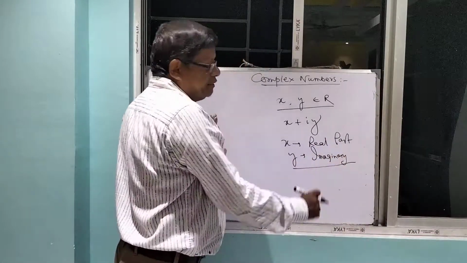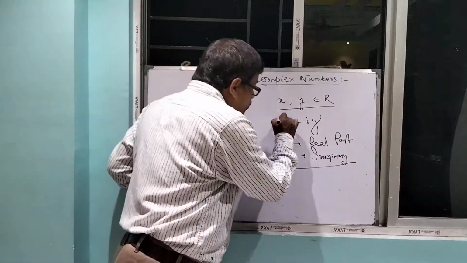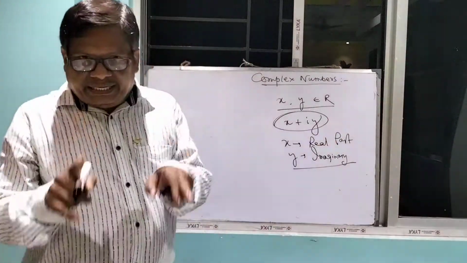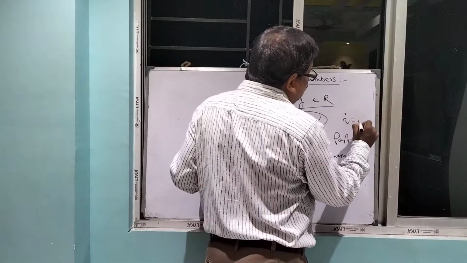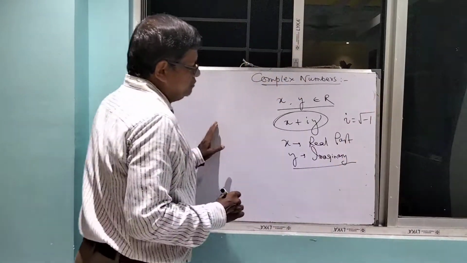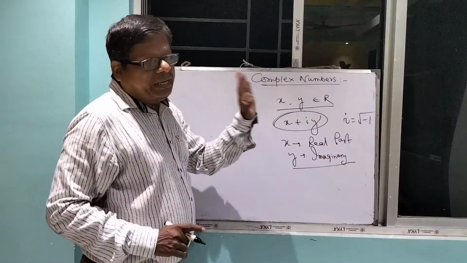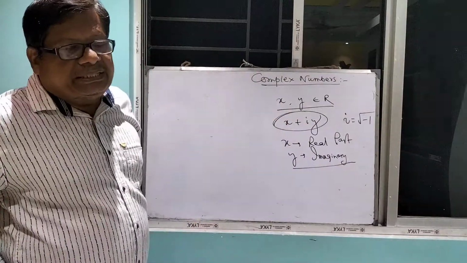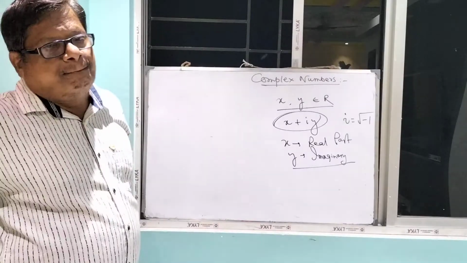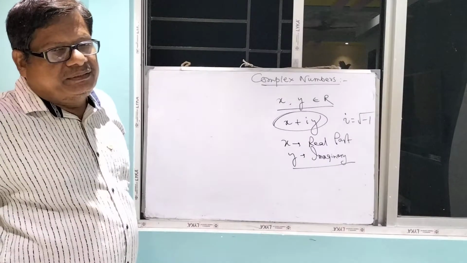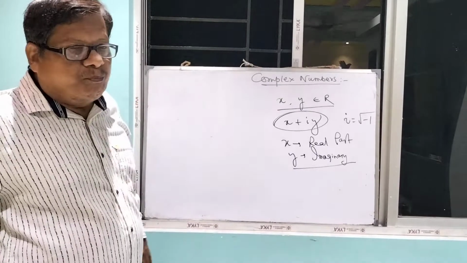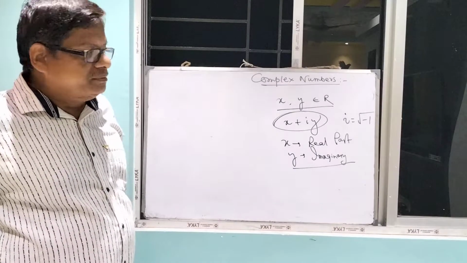Then the x plus iy form, where i equals root under minus 1, is known as a complex number.